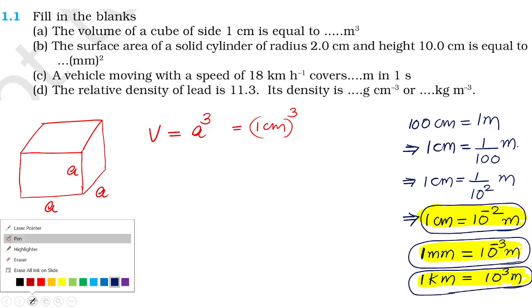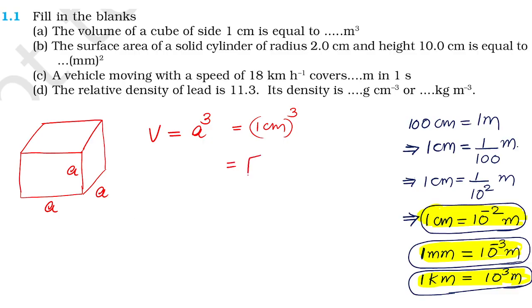So coming back to this question, 1 centimeter cube. What is this 1 centimeter? It is 10 raised to minus 2 meter, all cubed. You studied that when something raised to a power is again raised to a power, we multiply the powers. 10 raised to minus 2 into 3.